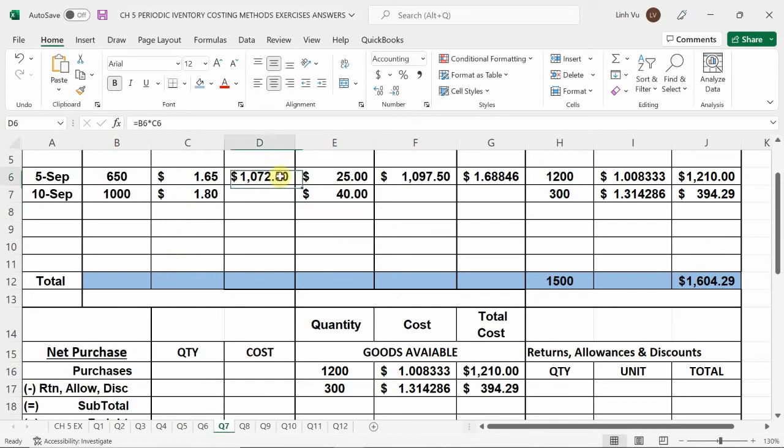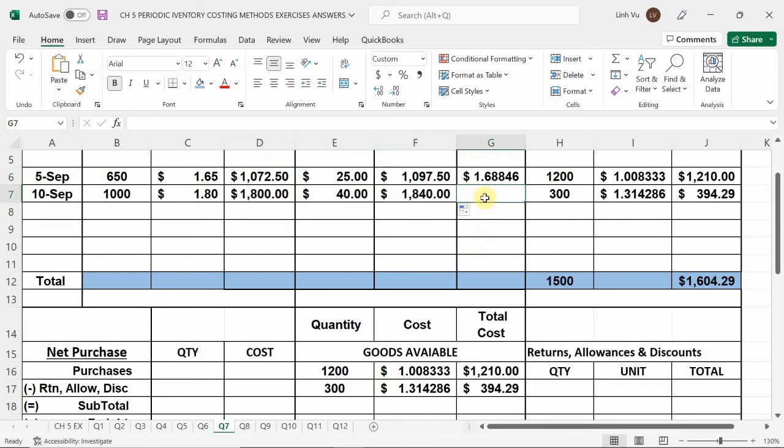Right, so my purchase price here is 1,000 times 1.80, which is $1,800, plus 40, $1,840.